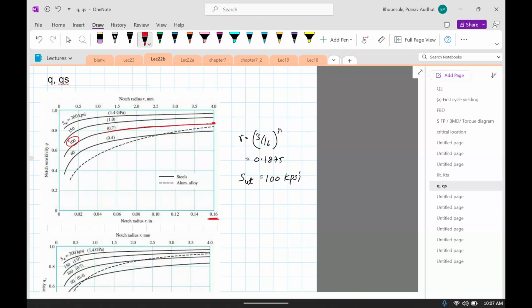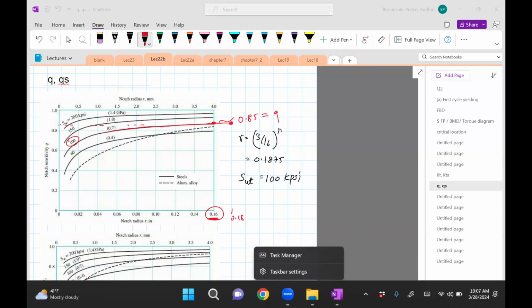So it's fine to just assume this value, which is not exactly what we wanted. We'll assume that it just goes straight like this. So this point is somewhere a little less than 0.9. Let's just make it 0.85. So that is Q.